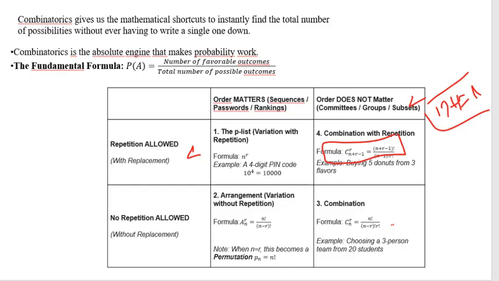And repetition is allowed, which means you can buy 2 strawberry and 1 blackberry, or you can buy 3 blackberry, etc. So here repetition is allowed, but the order doesn't matter. This case is called combination with repetition, and as I said, it's almost the same. The only thing you change is our n, the available items, which is not n anymore but n plus r minus 1. So this is all about the combination.